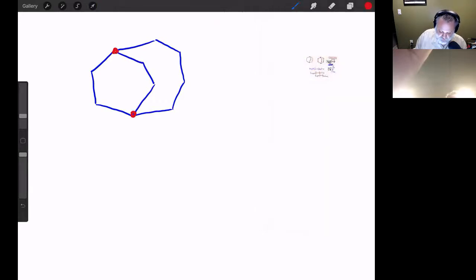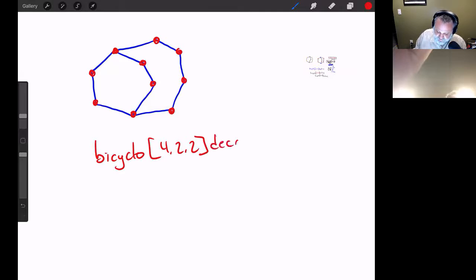There and there. How many carbons in between here? 2. How many carbons in between there? 2. How many carbons in between over here? 1, 2, 3, 4. So this is bicyclo 4.2.2. And how many carbons total? 1, 2, 3, 4, 5, 6, 7, 8, 9, 10. It's decane.